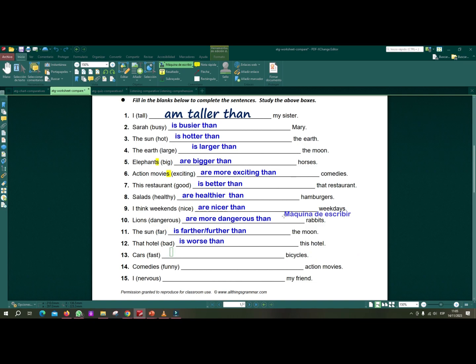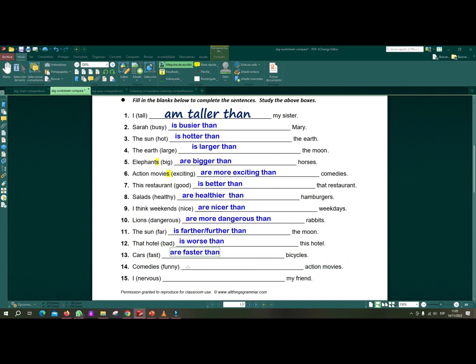13, Caro. Cars are faster. Then you can say than bicycles. Cars are faster than bicycles.